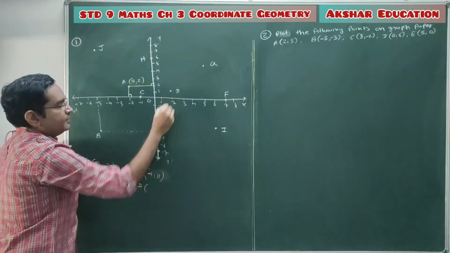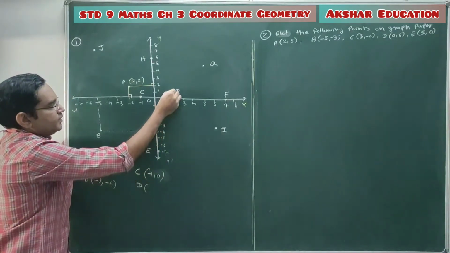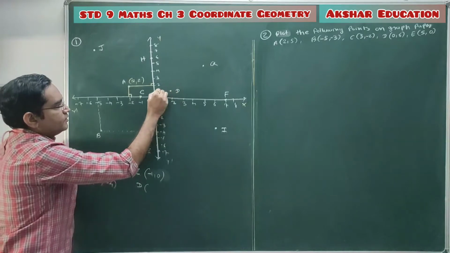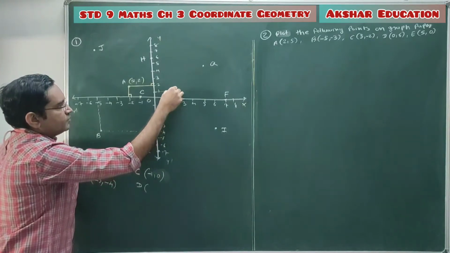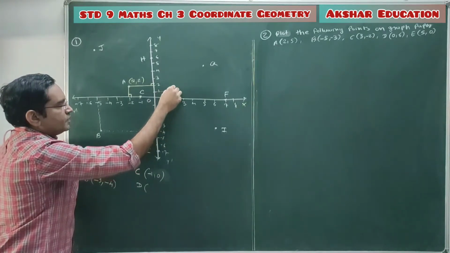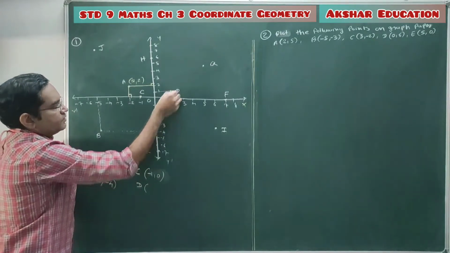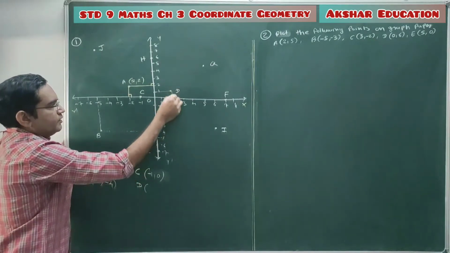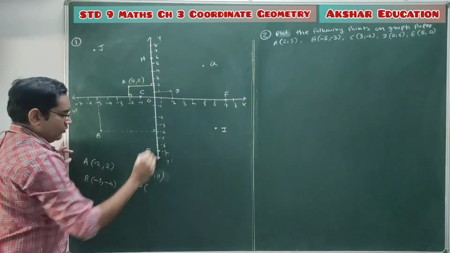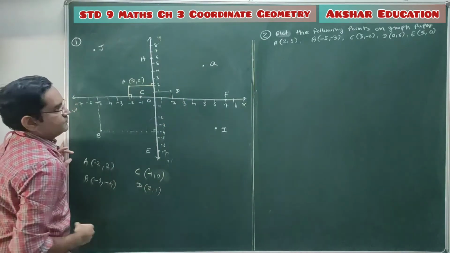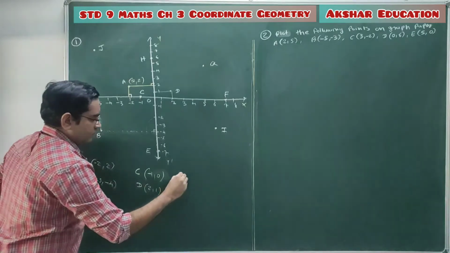Now for this point D, x coordinate is the distance from y axis, which is 2, and distance from x axis, which is 1. So here x coordinate is 2, y coordinate is 1. Clear now?